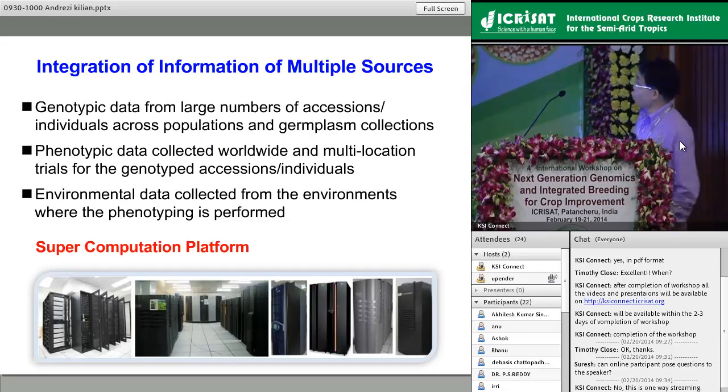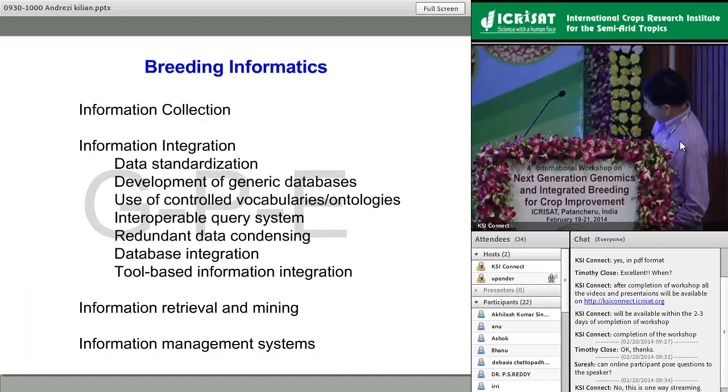Some speakers have mentioned this: put the genomic data, phenotypic data, and environmental data into one platform. With that, we need a breeding informatics system to handle all this information collection, integration, mining, and management. Think about we can have 20 TB of data. Sometimes we have a problem finding a hard disk to hold all this data.